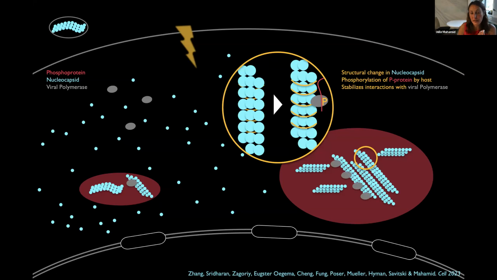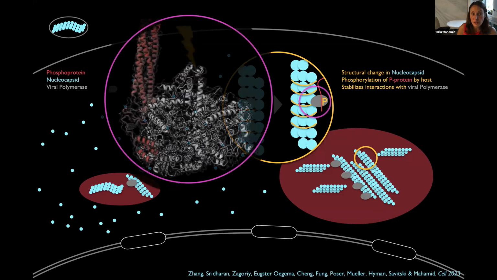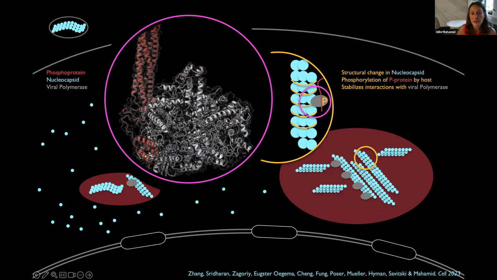The proteomics analysis then also showed us that there is indeed an increase in the concentration of the viral polymerase within these condensates. And using AlphaFold modeling of the chaperone, the phosphoprotein, and the viral replication machinery, we could pinpoint this phosphorylation site to their interaction interface.